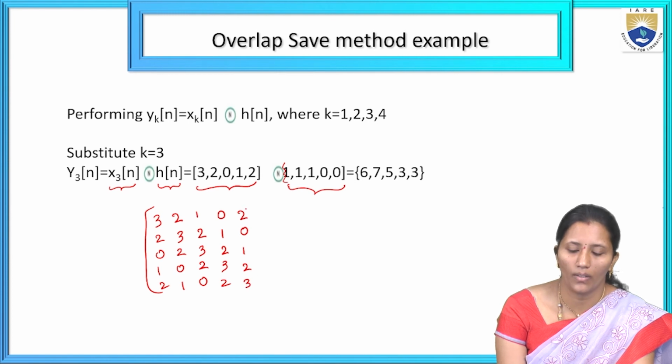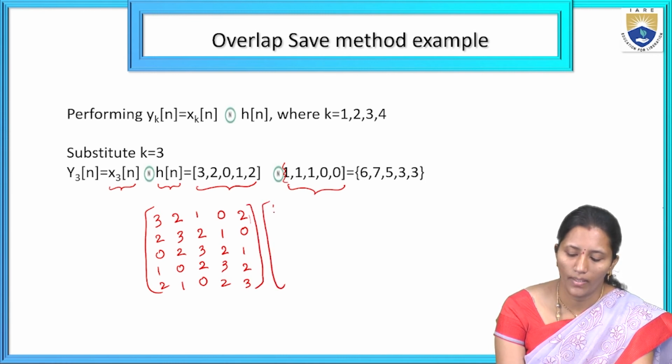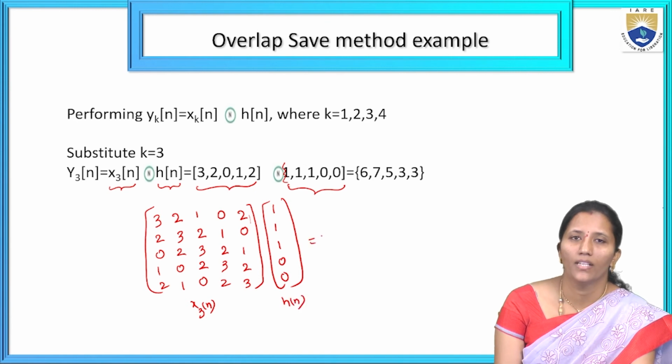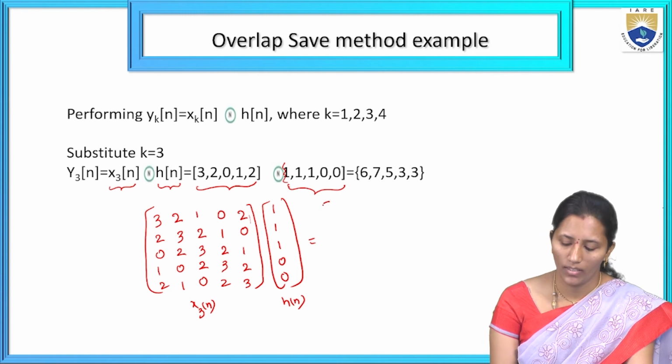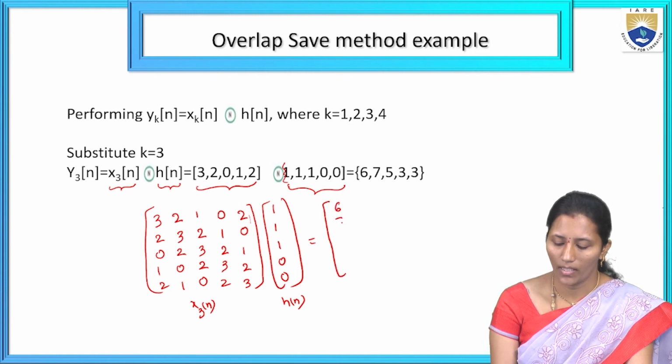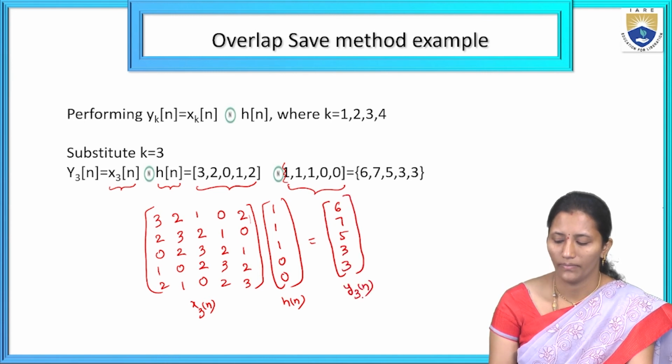If we again rotate the last bit to the first and make the next bit go down, we will get the first row. Stop here. 1, 1, 1, 0, 0. This is x3 of n and this is h of n. We are performing circular convolution. Here we just have to do matrix multiplication. Then we will get the samples 6, 7, 5, 3, 3. This is y3 of n.